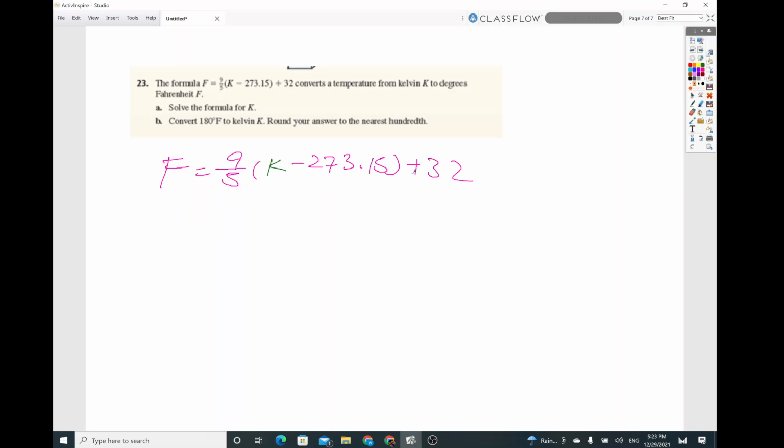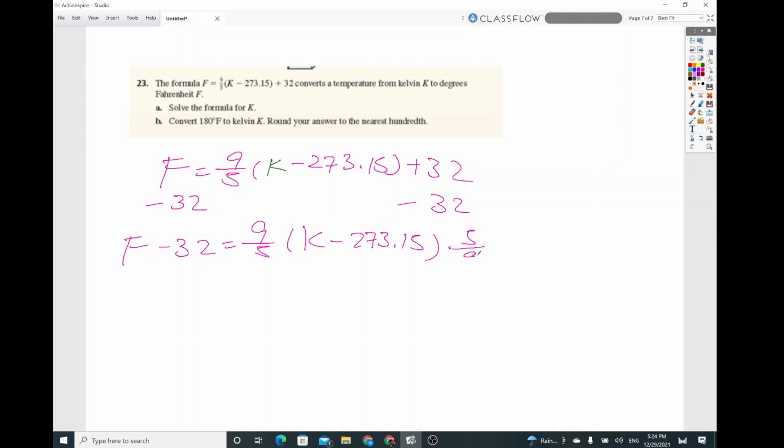Again, one thing at a time. If you see anything further away from the variable, like the separated constant here, that's the first thing you want to cancel. The way to do it is simply to subtract 32 from both sides. So we have F minus 32 equals 9 over 5 times the quantity K minus 273.15. Then, without distributing the 9 over 5, we multiply by the reciprocal, which is 5 over 9.